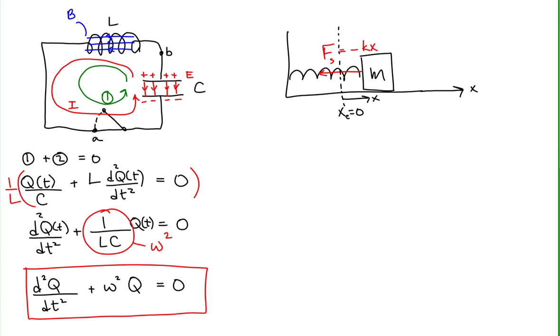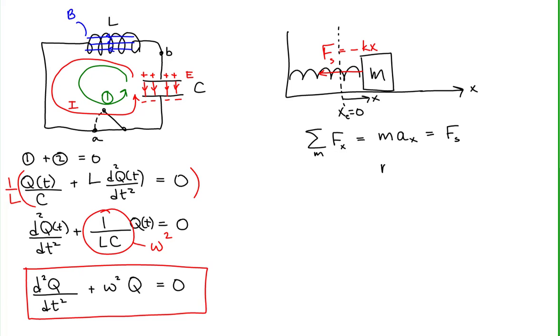We know from Newton's second law for this mass that when we sum all of the forces along the x-axis, the result will be equal to the product of the block's mass and its acceleration in the x direction. Well, in the absence of friction and other forces, we have only one force along the x-axis, and that is the elastic force due to the spring.